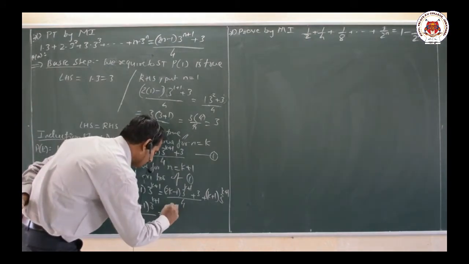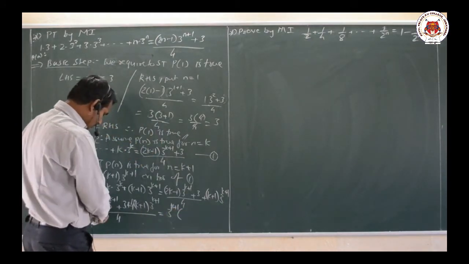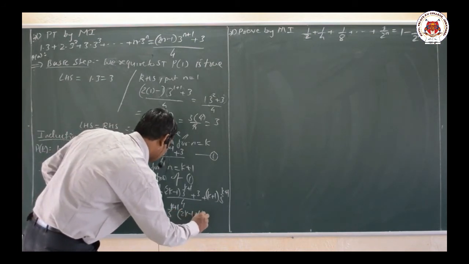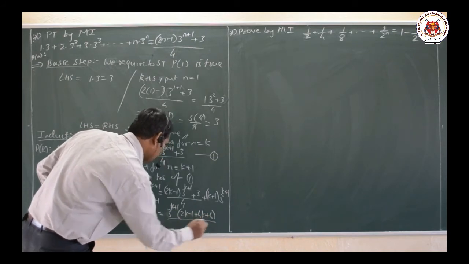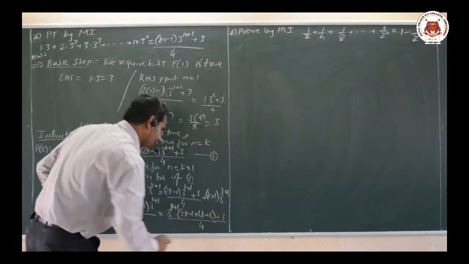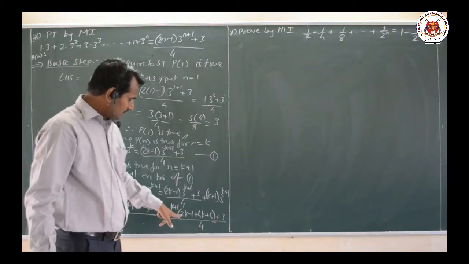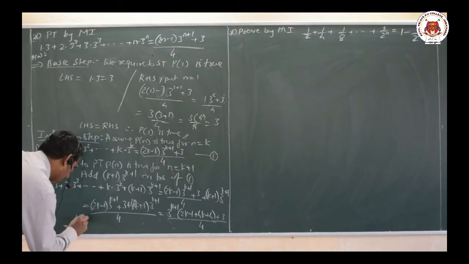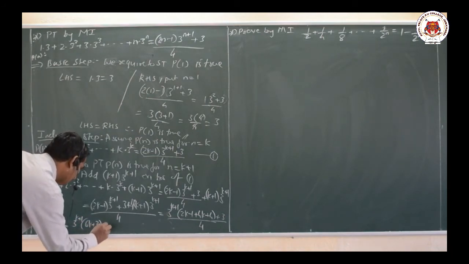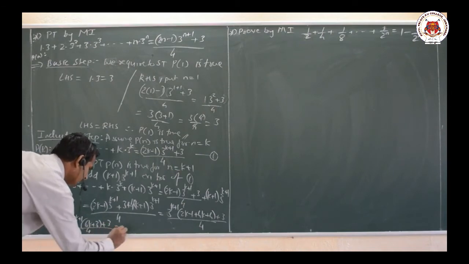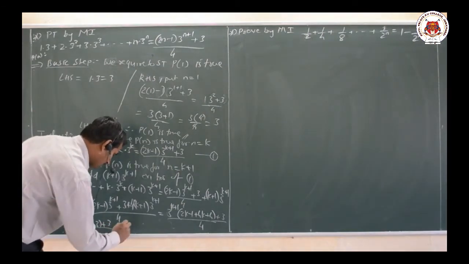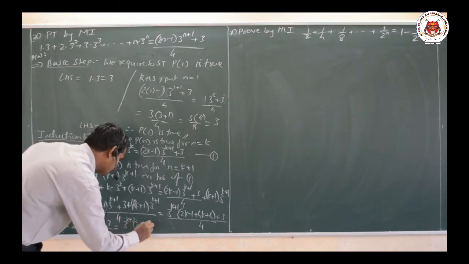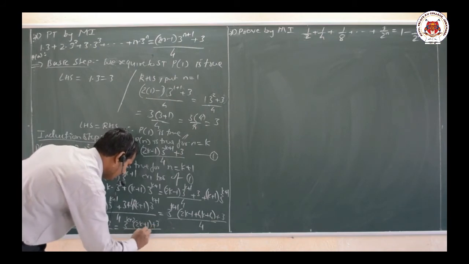The remaining part is 2k minus 1 plus 4k plus 4, plus 3, divided by 4. Here we get 6k plus 3, that is 3 to the power of k plus 1, 6k plus 3 plus 3, divided by 4. If I take 3 common outside, we get 3 to the power of k plus 2 into 2k plus 1, plus 3, divided by 4.